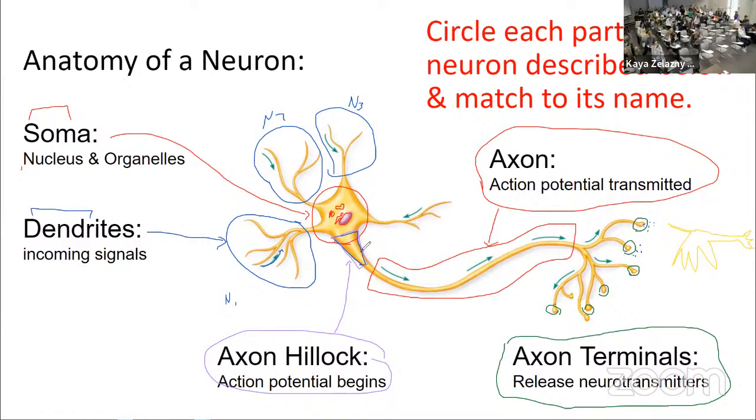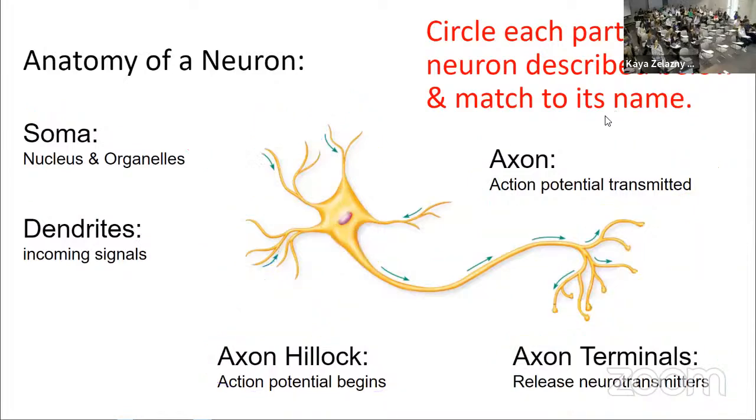If we don't hit our threshold value, nothing's going to happen. We're not going to send off a signal. So we'll come back to this a little later as we start to talk about how neurons are talking to each other. But keep this in mind as we begin to talk about these charges and how we start that action potential. This is our environment this is happening in.